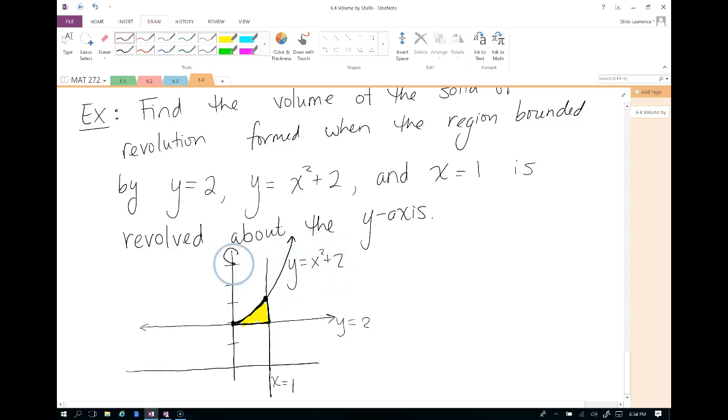And we're going to revolve this about the y-axis. So 180 degrees will give us the reflection. And then 360 will take us back around to where we started.